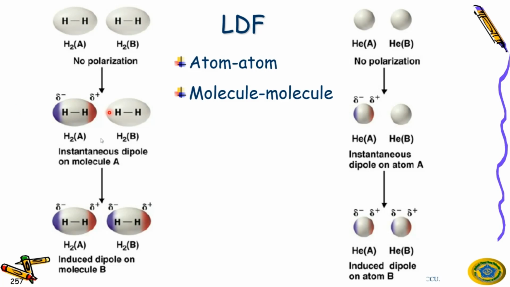Here you produce the electron-rich region, and this is the electron deflection region. And then at the same time, I should say, the induced dipole on molecule B will show up if they are close enough to each other.